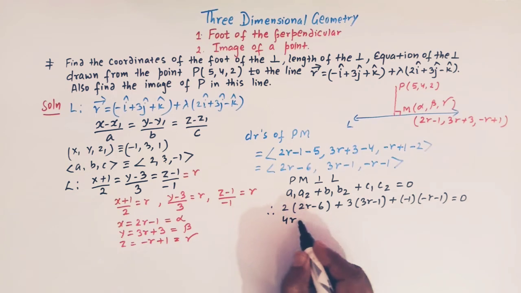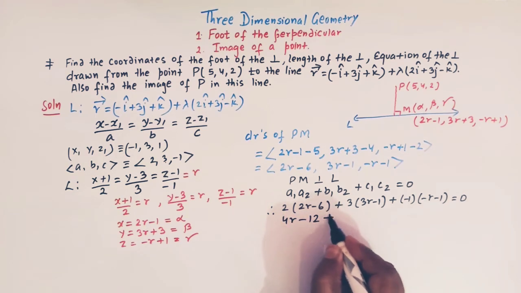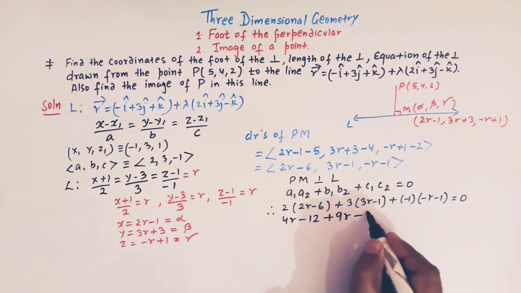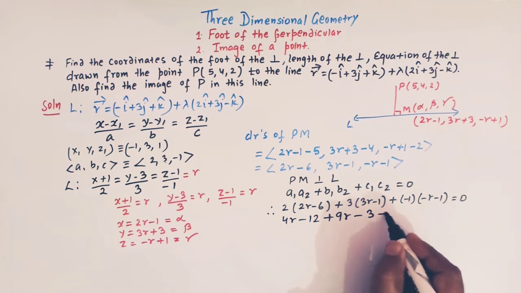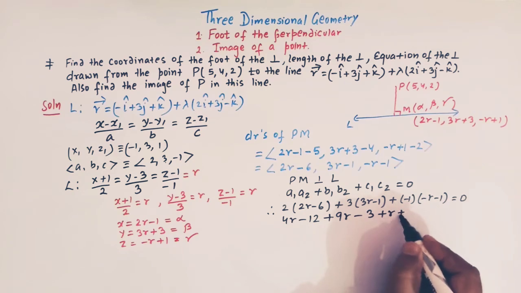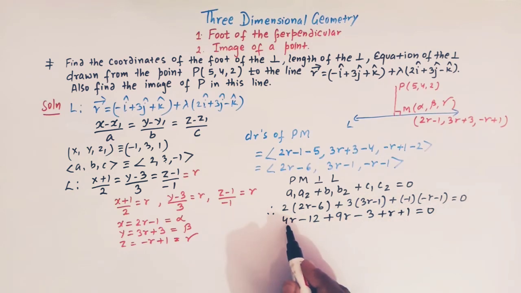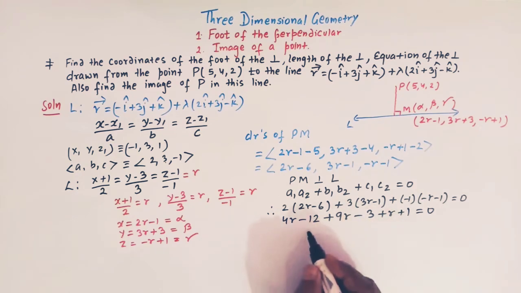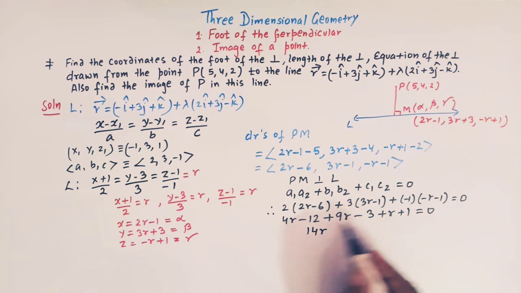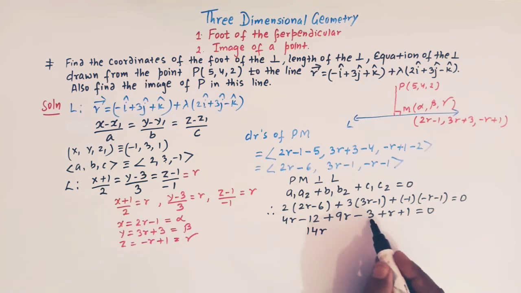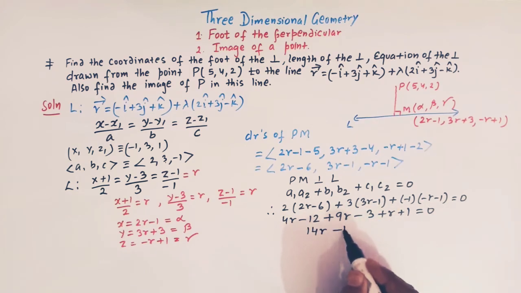So we have 4r minus 12, then we have 9r minus 3, and here we have plus r plus 1. So 4r plus 9r plus r is 14r, and here we have minus 12 minus 3 plus 1, that is minus 14, equal to 0. So 14r is equal to 14, so r is equal to 1, right?